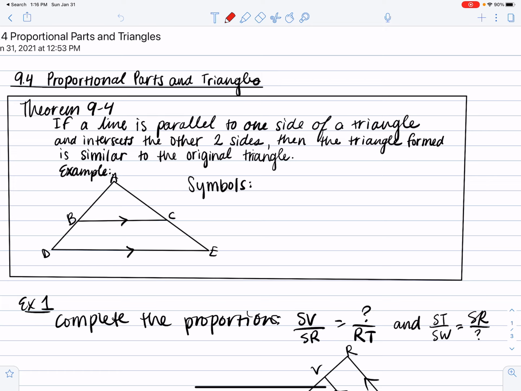So here's the example. It's given in the picture that the middle line that cuts through and intersects is parallel to the bottom base of the triangle.